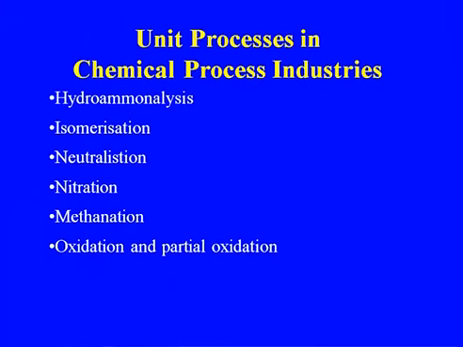Hydroaminolysis, and isomerization, which plays a very important role in the refinery for improving the octane number of low octane naphtha. Similarly, isomerization of metaxylene to paraxylene is done in paraxylene manufacture. Then neutralization, nitration, methanation, oxidation and partial oxidation.